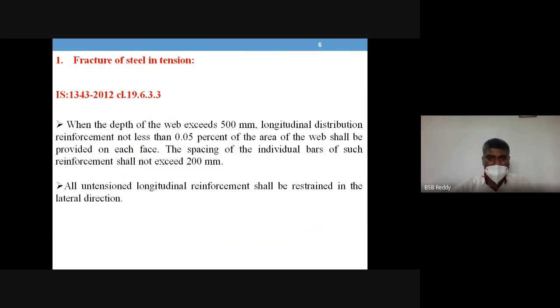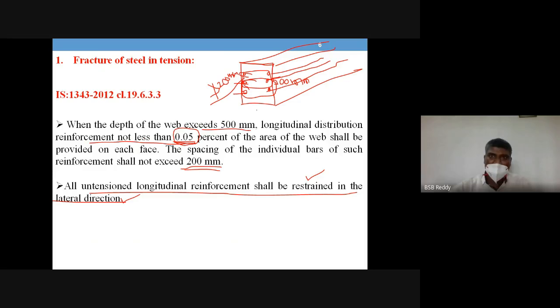Okay, and if the depth of the web is more than 500, side face reinforcement is mandatory, and spacing is restricted to 200 mm, and side face reinforcement shall be 0.05% of the cross sectional area.